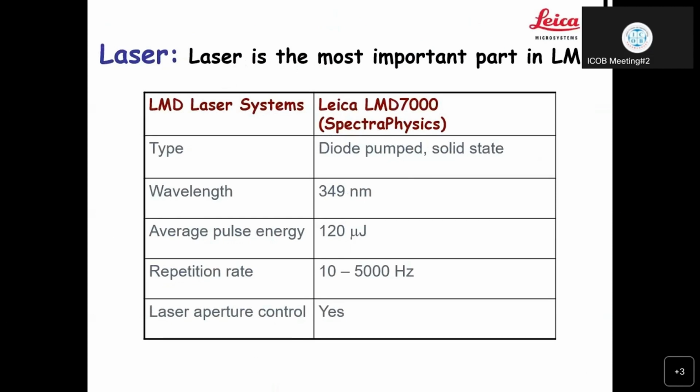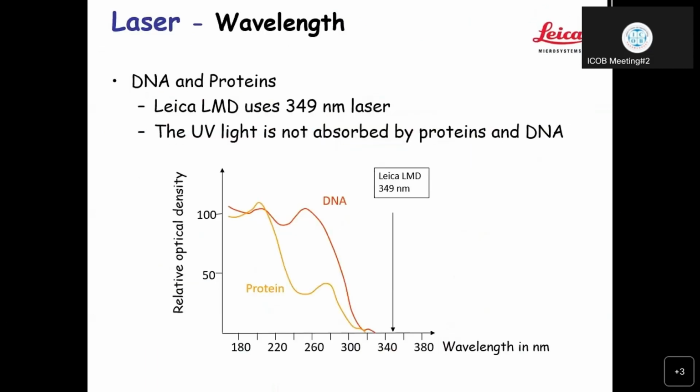It means you can adjust the cutting width. LMD uses a 349 nanometer laser because the 349 nanometer laser is not absorbed by protein and DNA. It does not affect the downstream analysis.